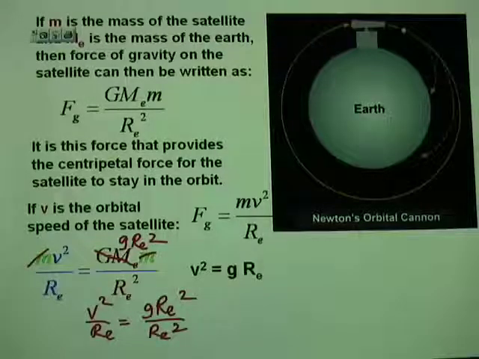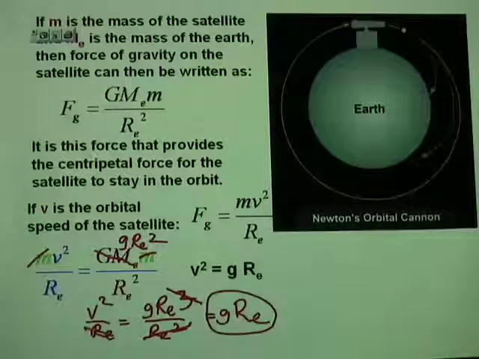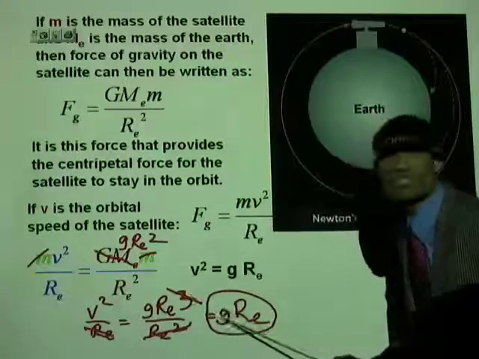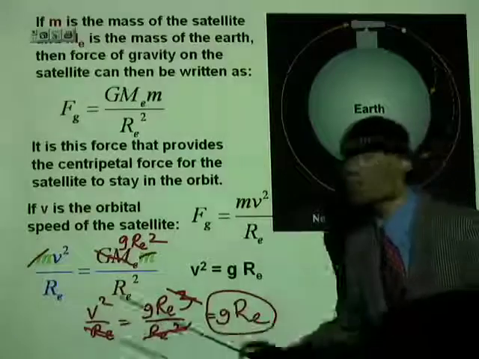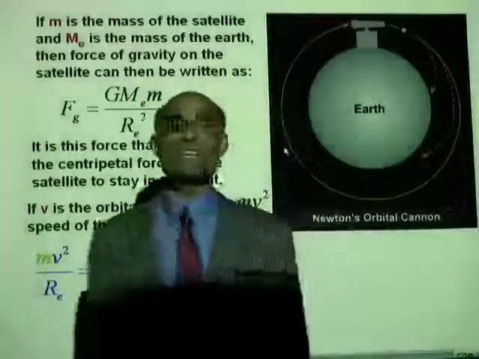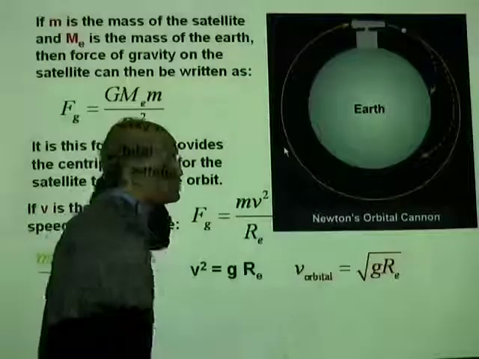Multiplying by RE, I can make that RE cubed, and the RE squared in the denominator will cancel with the RE cubed, leaving g RE. So solving that equation gives you v squared equal to g RE, where v is the orbital speed. And therefore, v is equal to the square root of g RE.